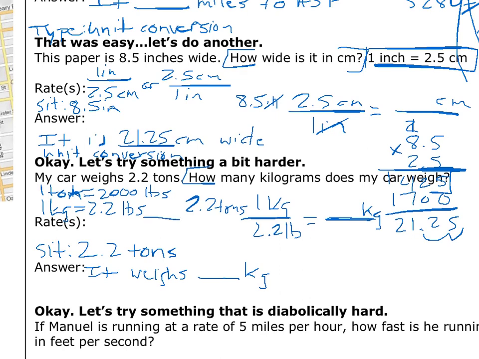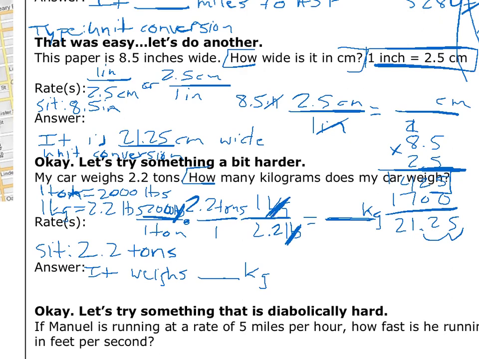I can actually just throw that right into my dimensional analysis. I need these tons to cancel out, so 1 ton over 2,000, and I'm sorry that's so messy, pounds. Now pounds over here cancels out with pounds over here.